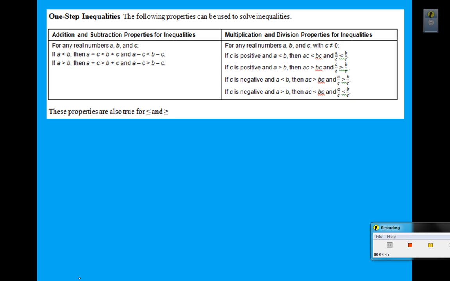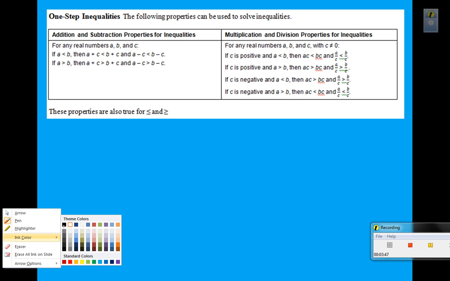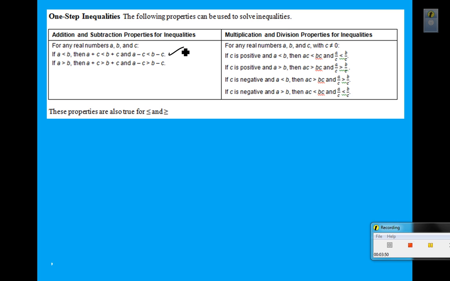Now, if you look at your note page, I have this summarized in a confusing looking chart. But here's what this chart says. This says if you add a number to both sides, you don't have to do anything special. This one says if you subtract a number from both sides, you don't have to do anything special. Over here, they're talking about values of C. It looks really confusing the way they did it, but it basically says this.